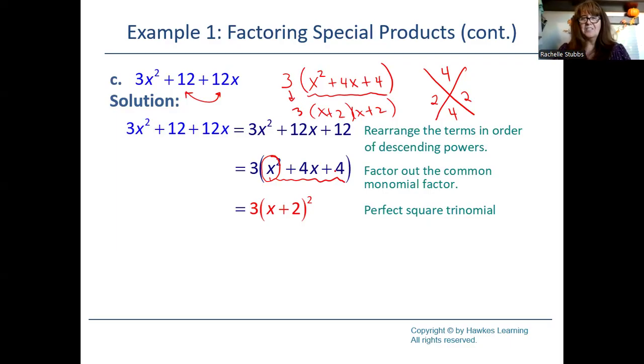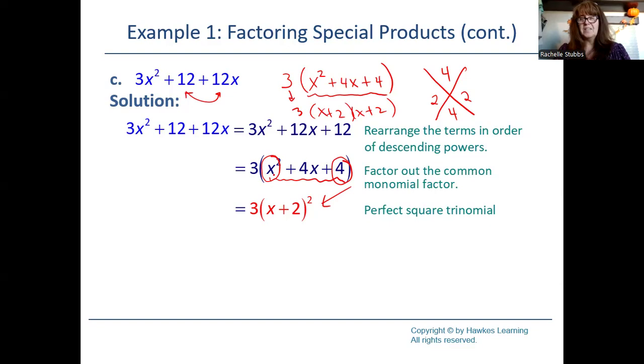And if the last term is also a perfect square, it's a good chance that it's going to factor just like this into this kind of form where I just have this squared. How I check for sure is I take the square root of this times the square root of that and double it. So the square root of 1x squared is just x.